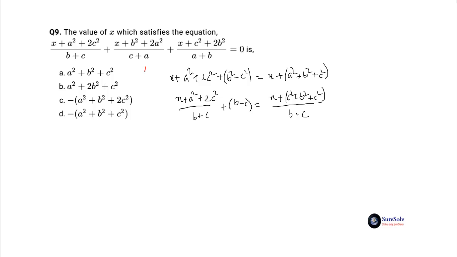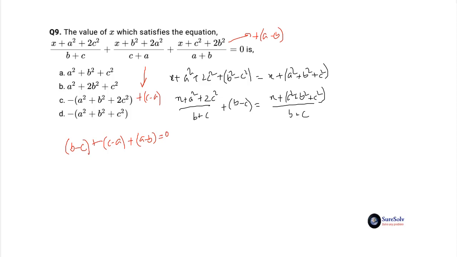So we would go on forming the same numerator X plus A square plus B square plus C square for the second and the third terms by adding C minus A and A minus B respectively. The sum of these three extra additions, B minus C, C minus A and A minus B being 0, the value 0 in the RHS is not changed.